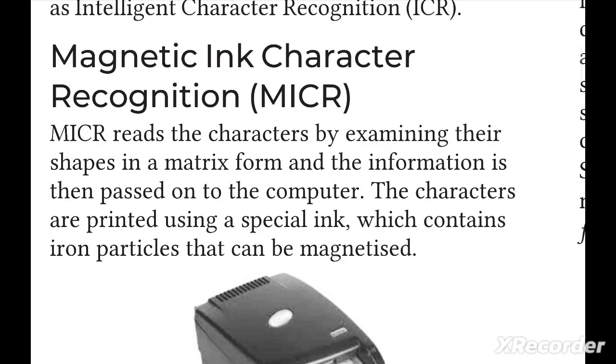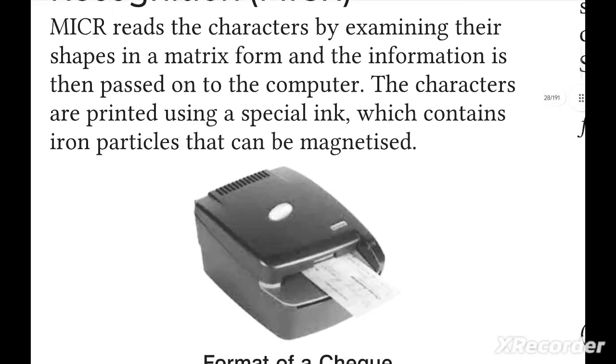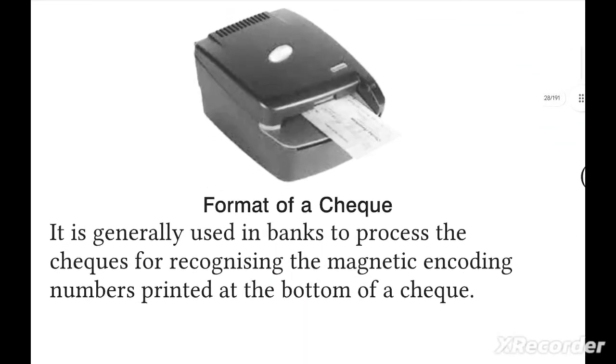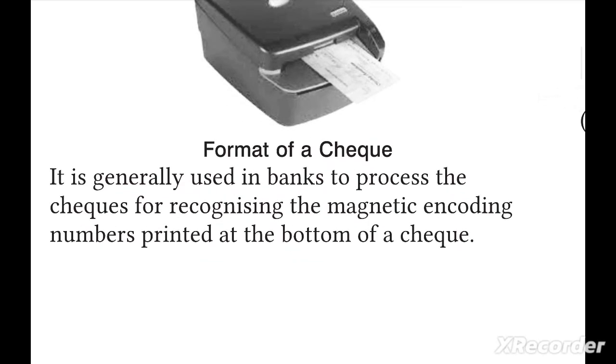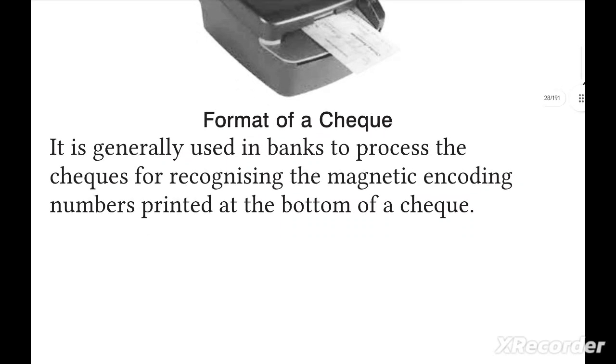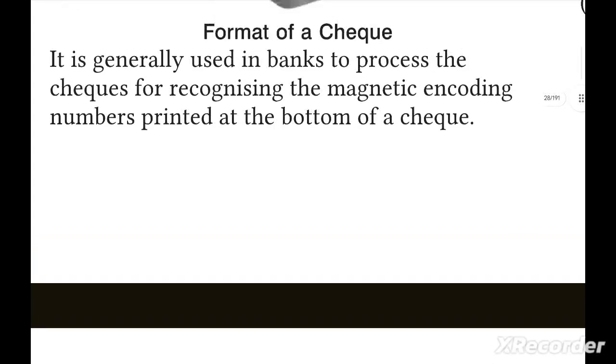The characters are printed using a special ink which contains iron particles that can be magnetized. Format of a check. It is generally used in banks to process the checks for recognizing the magnetic encoding numbers printed at the bottom of a check.